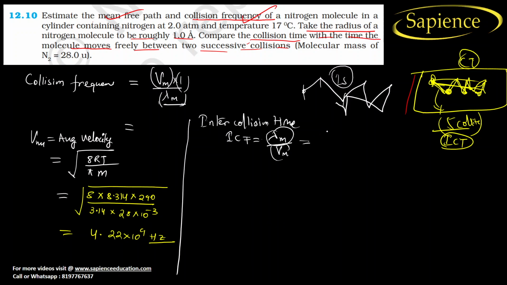So we have got lambda m by Vm. We have just found out that Vm by lambda m is like this. So lambda m by Vm will be equal to 1 by 4.22 into 10 to the power 9. So we have got the intercollision time.